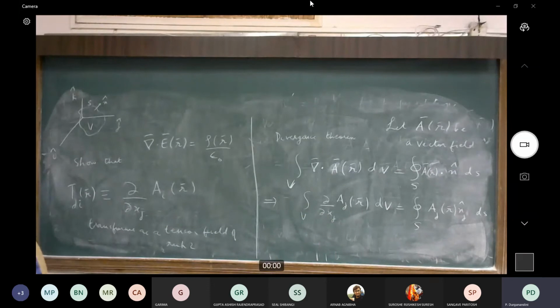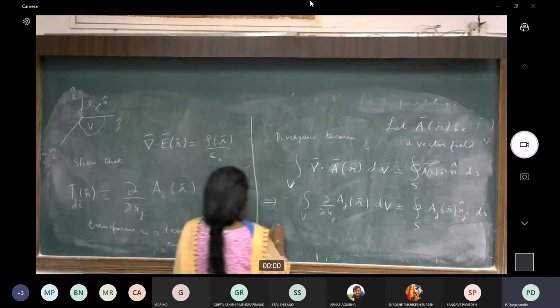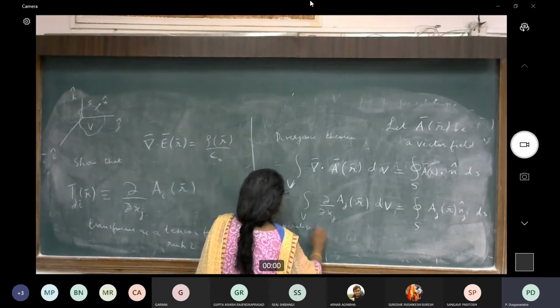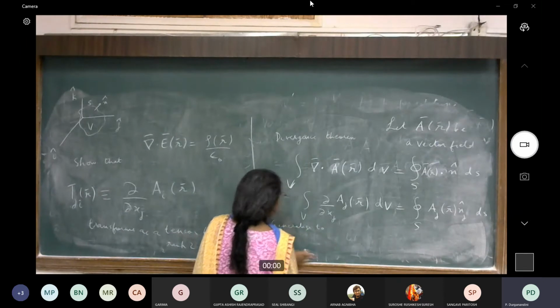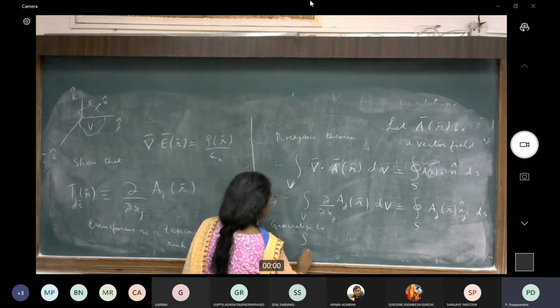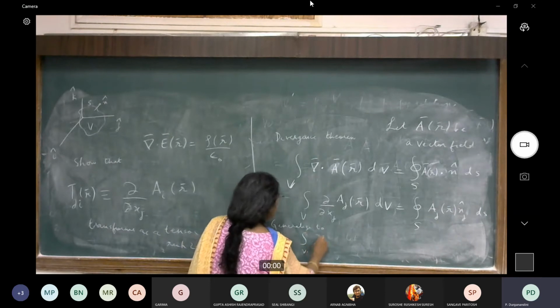Now what I can do is extend this Green's theorem to tensor fields, higher order tensor fields. Again, as I said, all this will become very useful, especially in the context of astrophysics and quantum field theory.